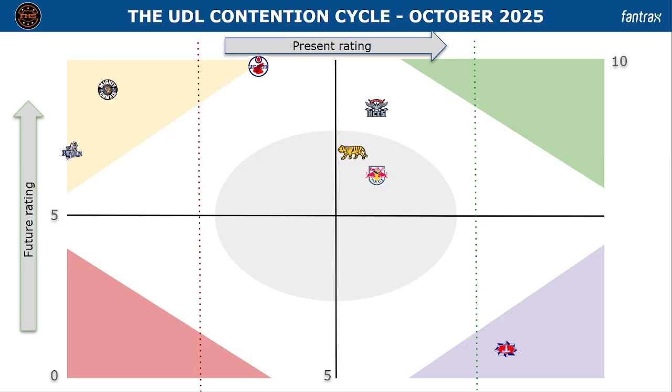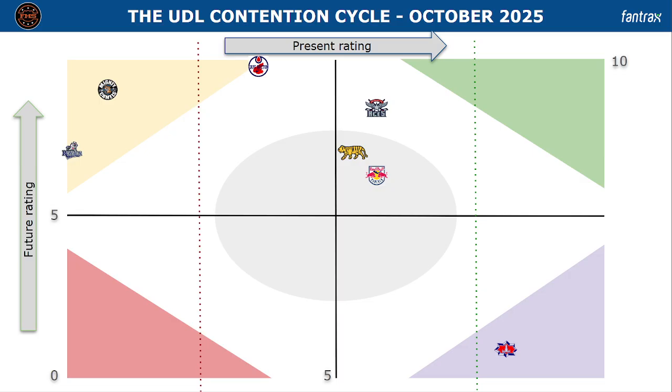Next is the second team in the no man's land, which is the Tigers. They land slightly above average in the present rating, and decent in the future rating. So this is more or less like I talked about in the season preview video, maybe not unexpected for a team that's trying to do some kind of retool.